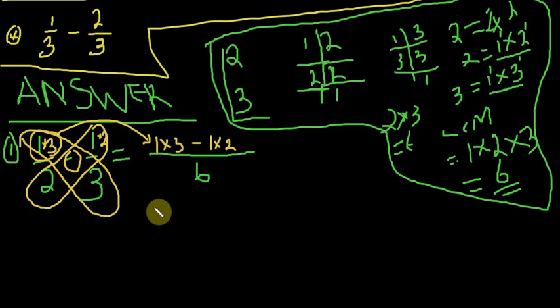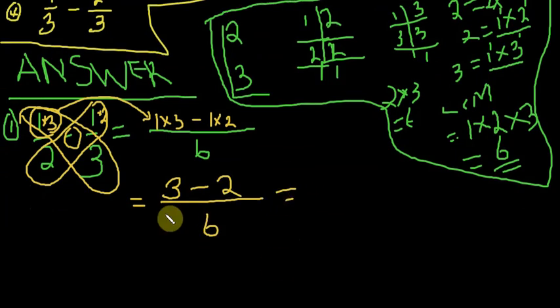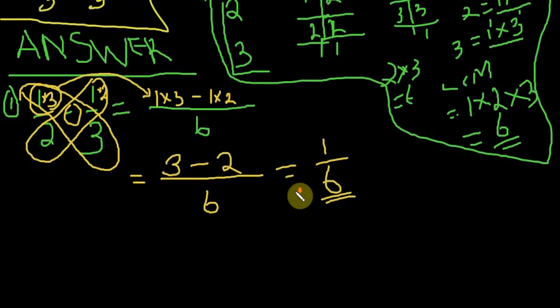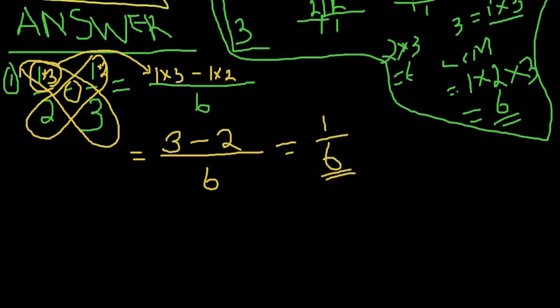Now 1 times 3 is 3, minus 1 times 2, that is 2, all over 6. Final answer, 3 minus 2 is 1 over 6. Always use your calculator in case you are not sure.